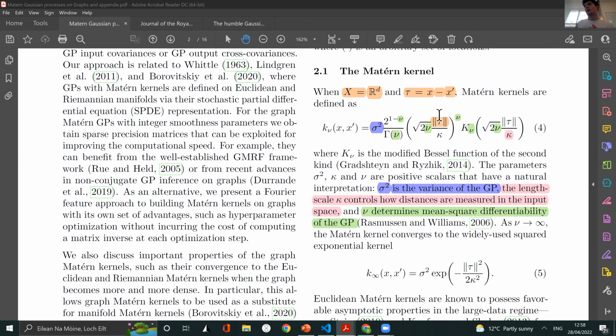Because if you went infinite distance away in Euclidean space, the kernel goes to 0, but it's not the same on a manifold, where it doesn't necessarily go to 0. It might be periodic because you're going around the sphere. So it's things like that that matter when you go between different spaces.